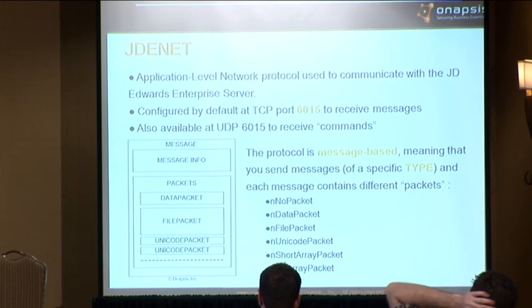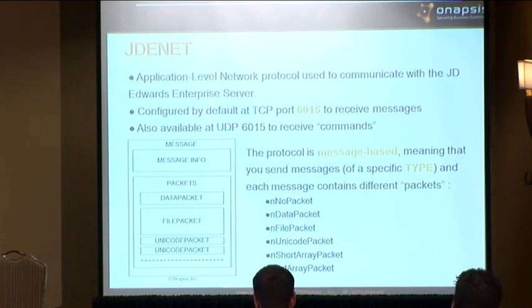Like one function is going to receive 2 data packets, 1 file packet, 2 integer packets. Depending on the function is the message that you are going to send. But this is an overview of how these packets look like.